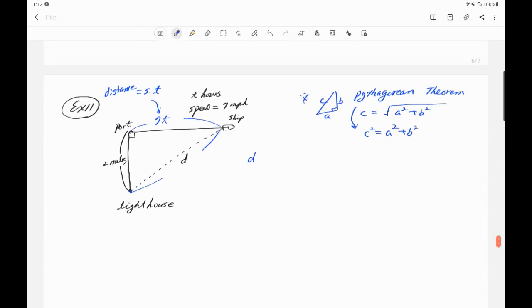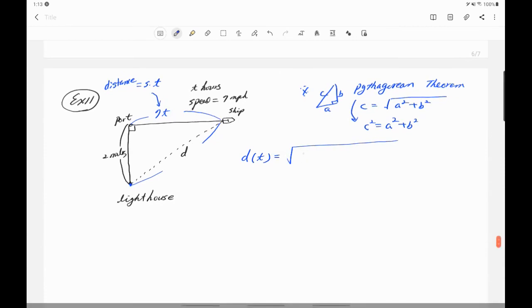So the distance. Distance is a function of t, isn't it? Can we write it something like this? The distance depends on the number of hours the ship traveled, so let me use d of t. So the distance after t hours is what? Take a square root and then square each side.